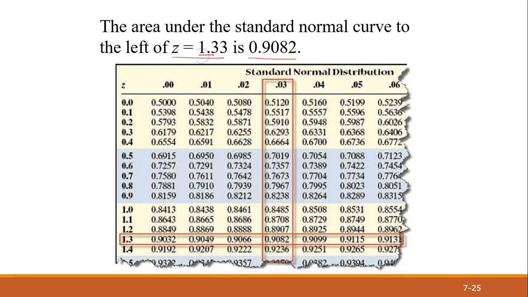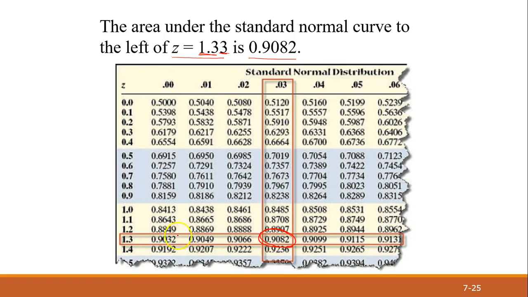The first two numbers, the 1.3, you look down in this column and you find it. The third number, the 0.03, you find along the top here, and that row and column match up to this value right here.